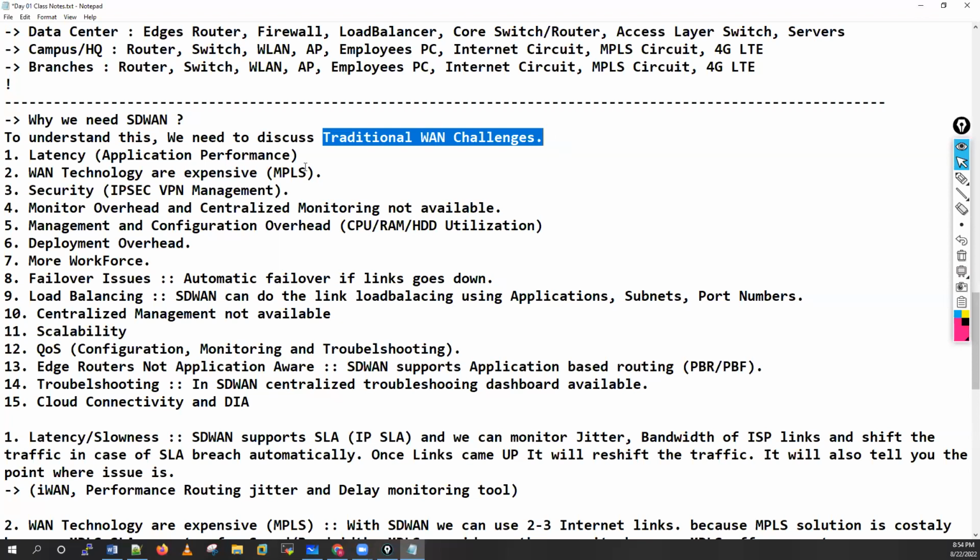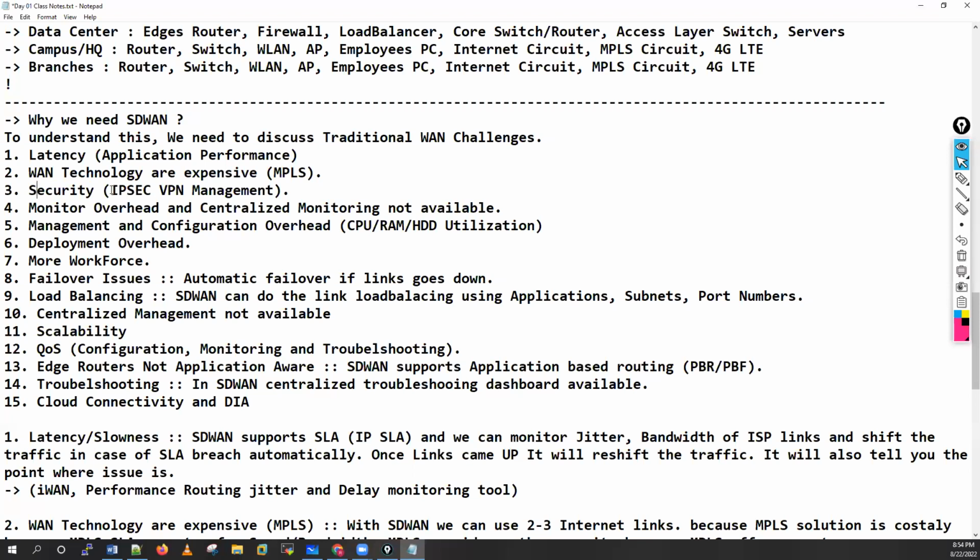The first challenge is latency, or application performance. The second challenge is that technologies like MPLS and leased lines are expensive. Then security: when we don't have security, that was also one of the challenges.